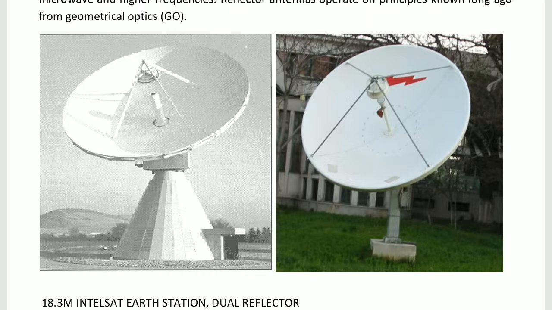At some distance we provide the feed antenna at that focal point. So one can see the big circular structure of the reflector plate, which has a curved structure. The first image is the Intelsat Earth Station dual reflector. So we will see how this reflector antenna works and how it transmits electromagnetic waves in space.